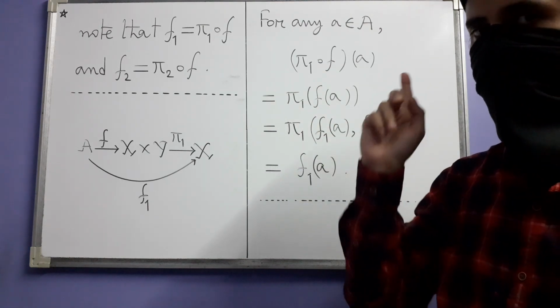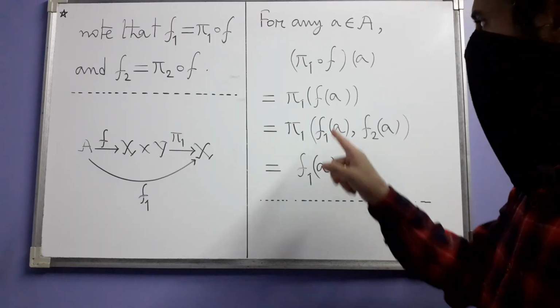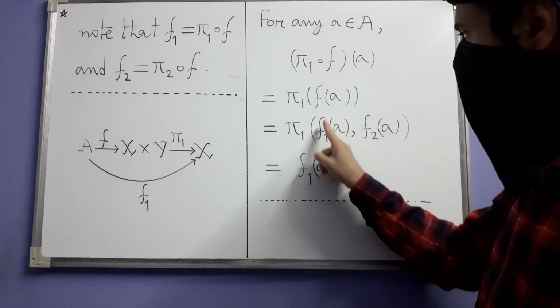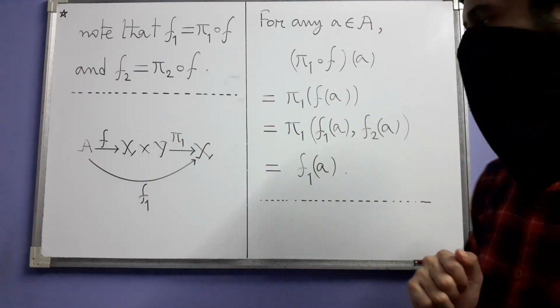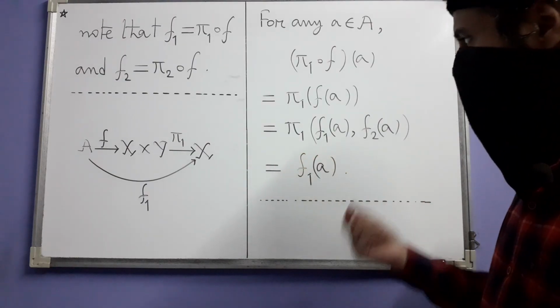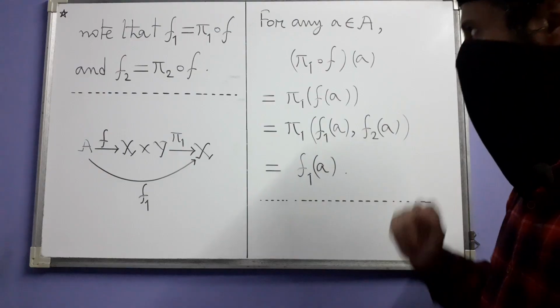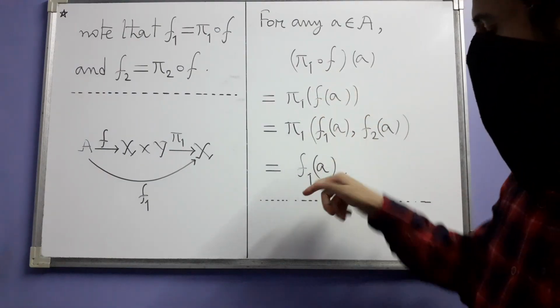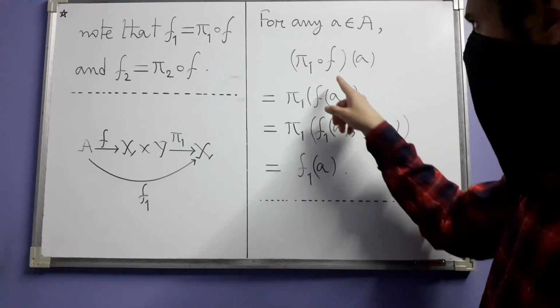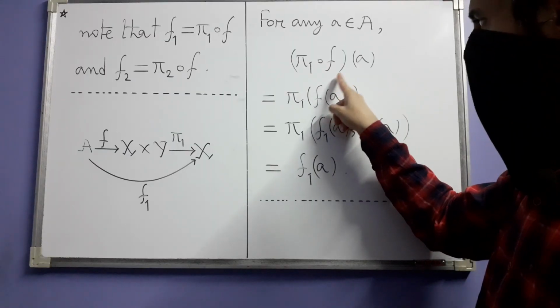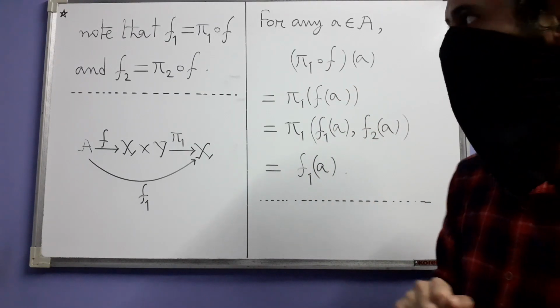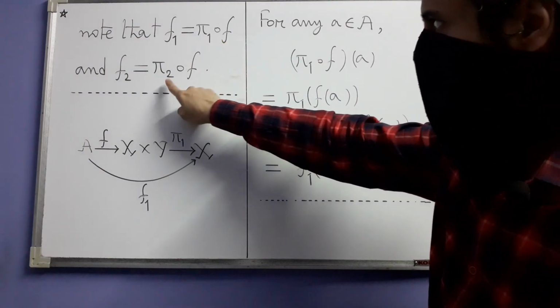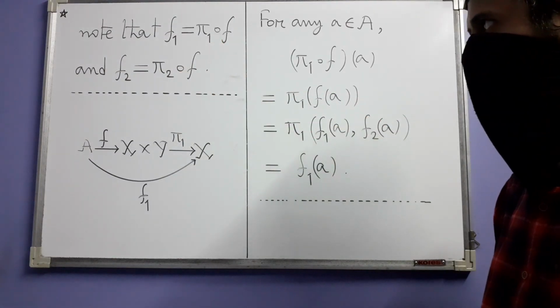And now you recall what we have in the statement of the theorem. f of a is this ordered pair, f1 of a comma f2 of a. And then pi1 gives us the first coordinate, which is f1 of a. So yes, they are the same. Whatever pi1 composition f does to a, f1 does that same thing to a. So yes, this is true. Similarly, this one is also true.